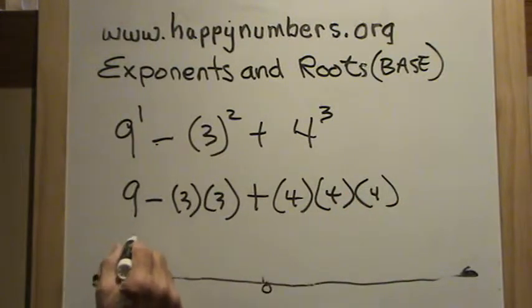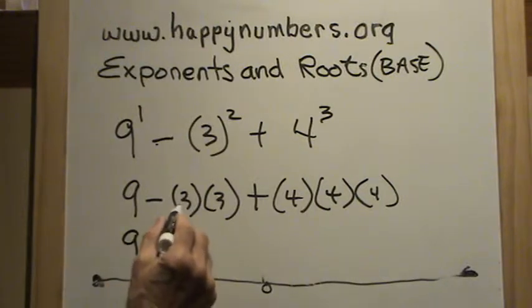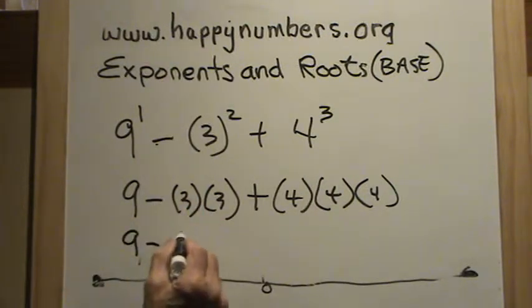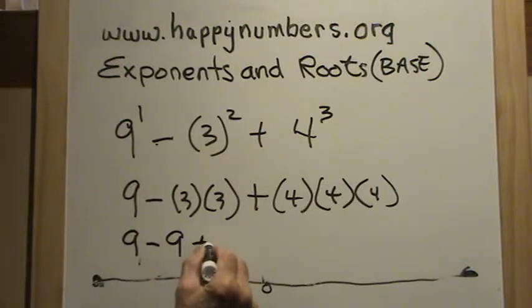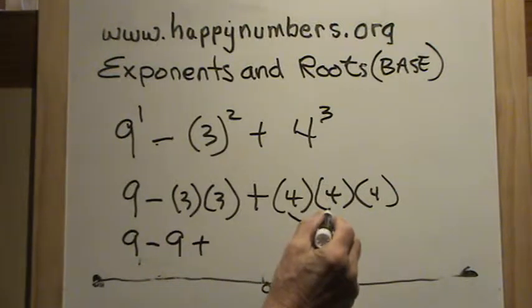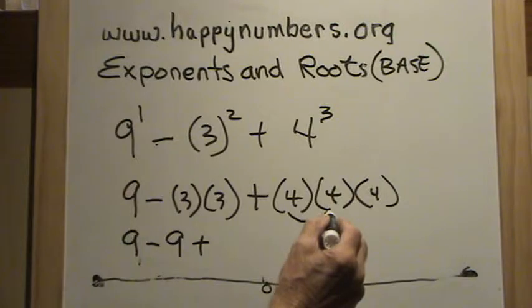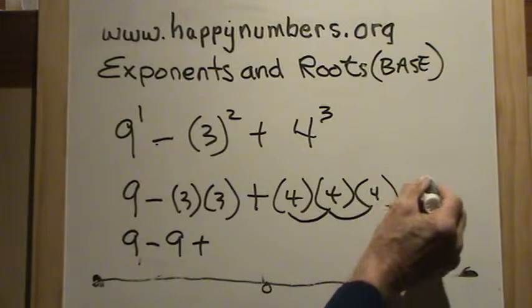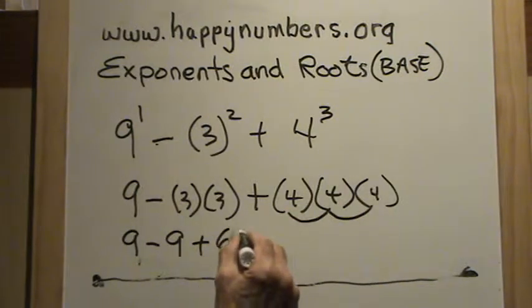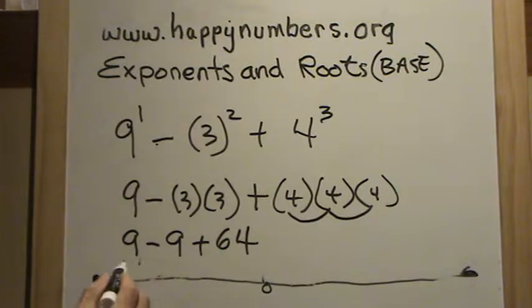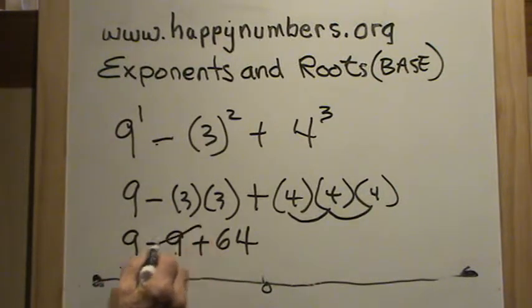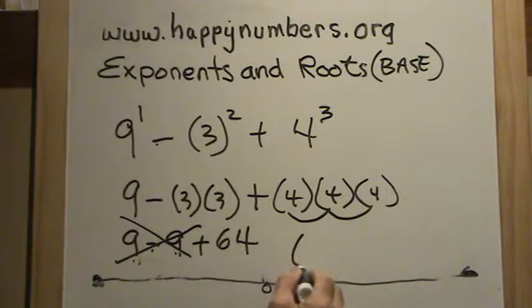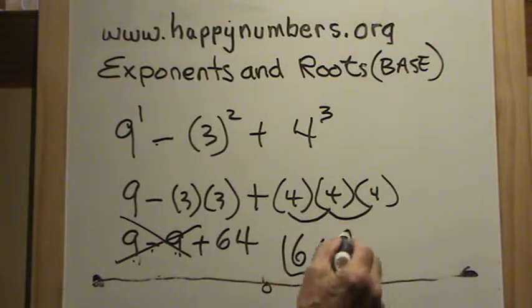Well, let's expand. 9 minus 3 times 3 is 9, plus 4 times 4 is 16, and 16 times 4, I believe, is 64. So now we have 9 minus 9, well, that goes away, and we have 64 as our answer.